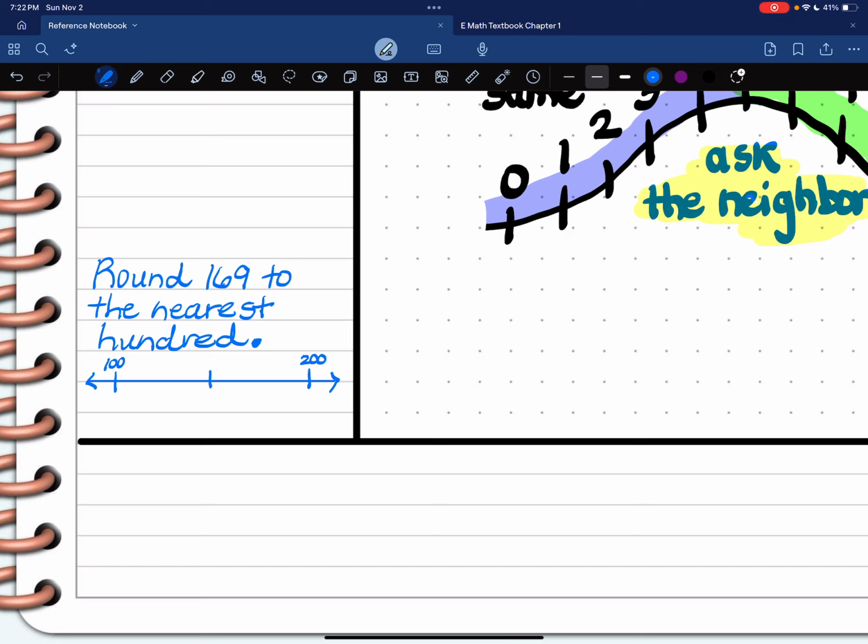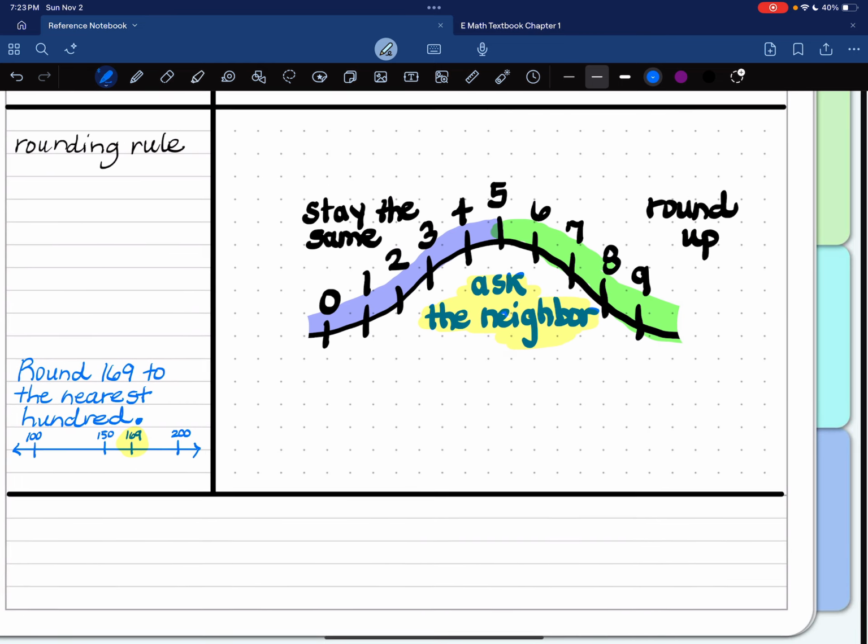Halfway between those is 150, and 169 is closer to 200. So I can tell you here that the 169 is going to round to 200. That is one way to do this problem. You can absolutely draw a number line. But here is the method using the rounding rule.